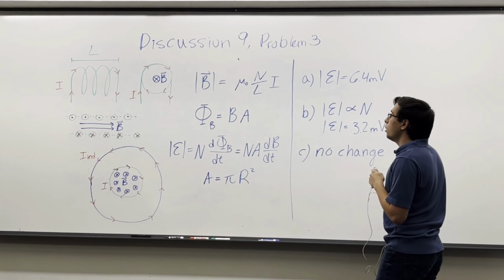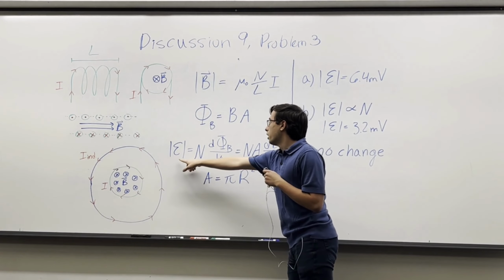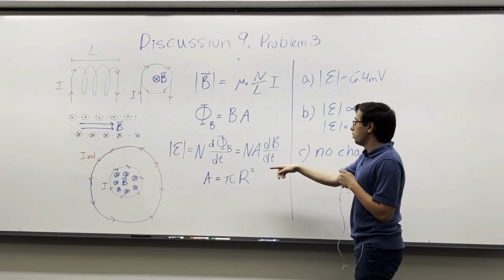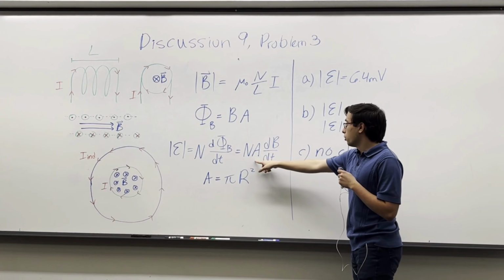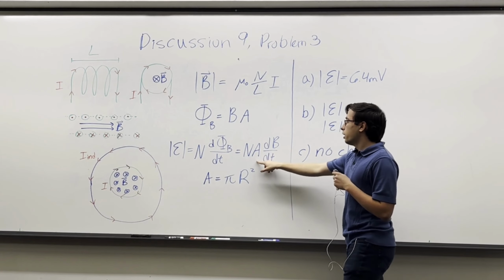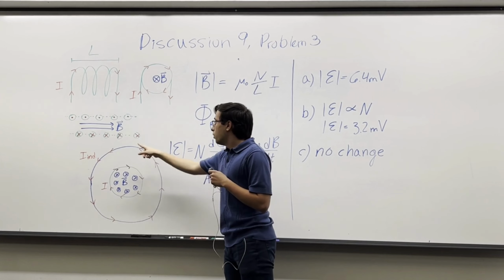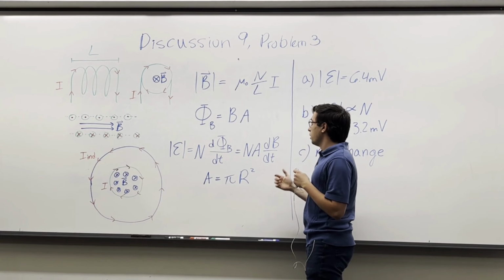Okay, and now we're in a position where we can say that the EMF in the outer coil is given by the number of coils on the outer solenoid times the area. And here we have to be careful because earlier I said the area is of the outer loop because we're looking at the flux through the outer loop.